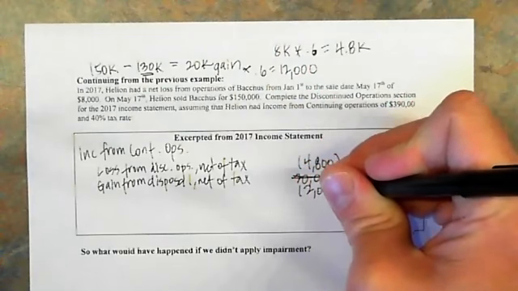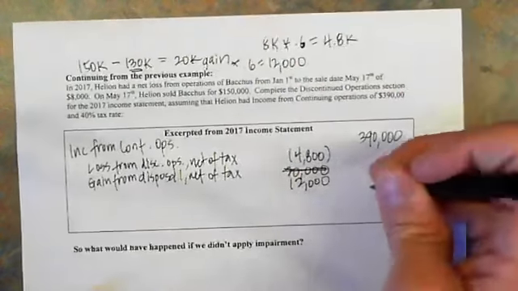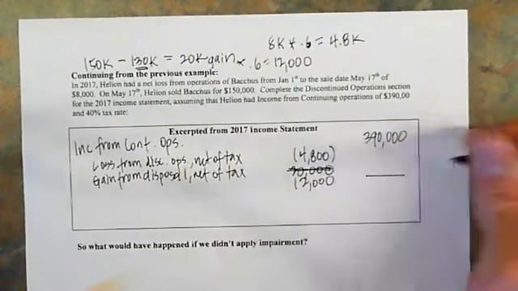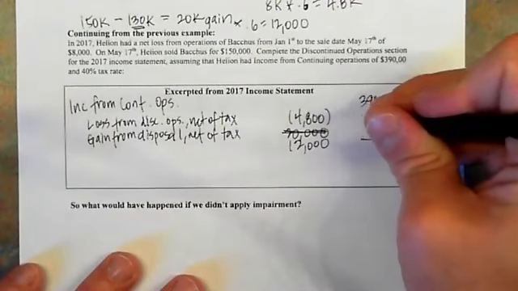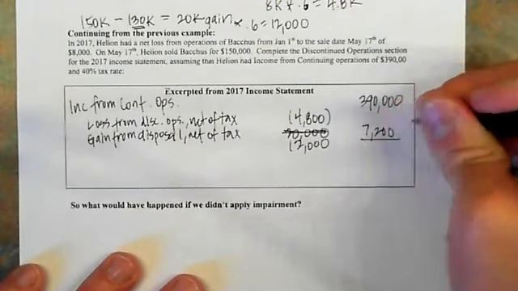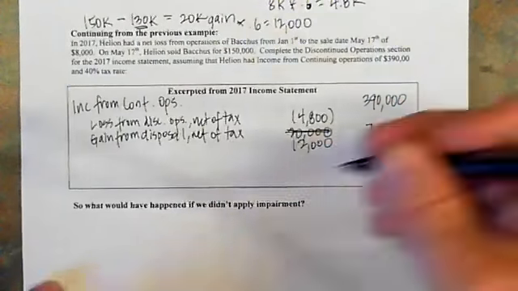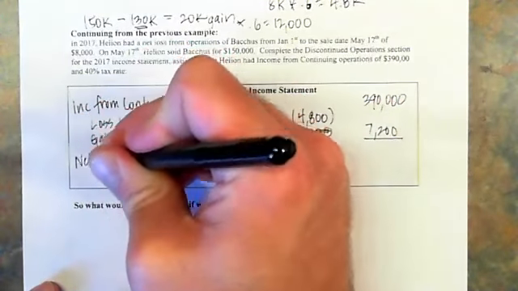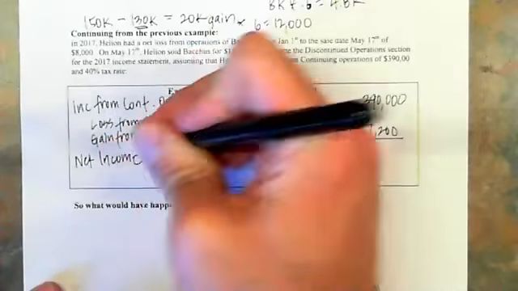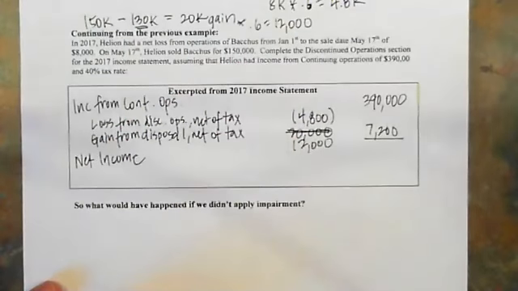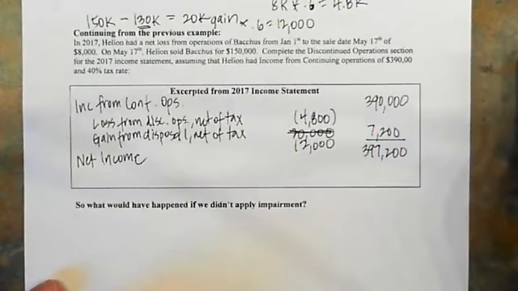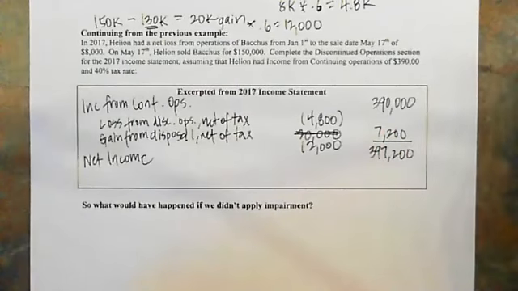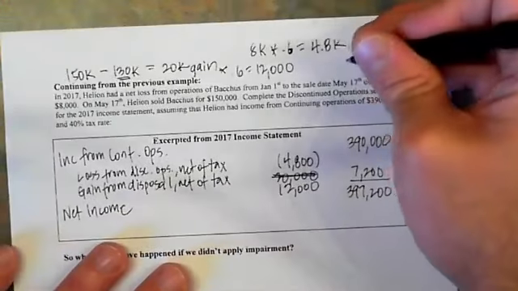Be careful. We all make mistakes. Just make sure you catch them before you submit your test. Right? So now we aggregate this tax effect, and we come out with a $7,200 positive effect from this discontinued operations disclosure, which makes my net income then $397,200.